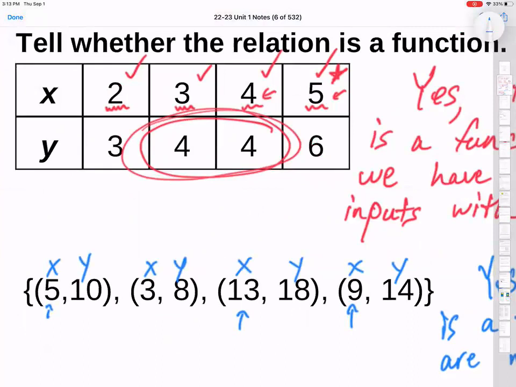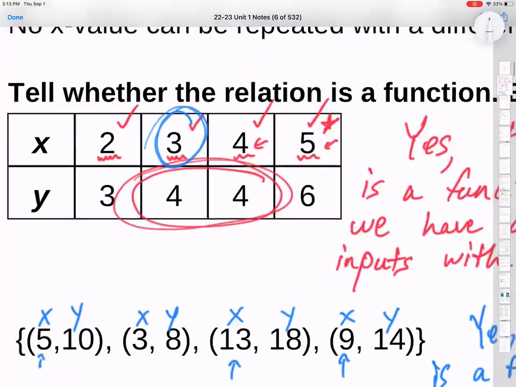We have 2, 3, 4, 5, and then 3, 4, 4, 6. I'm just going to make up an example. This is like saying an input, Cindy, is going to New York. Well, Cindy can do that.